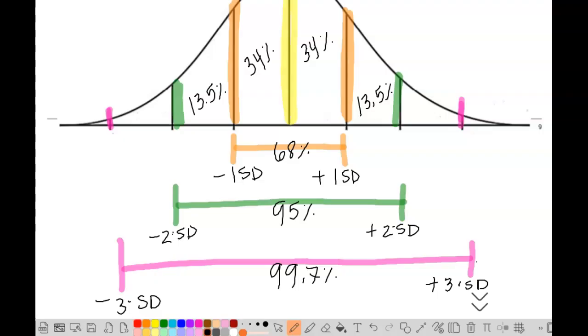What's half of 4.7? 2.35. Because from 95 to get to 99.7, we added 4.7, and half of 4.7 is 2.35 on each side.